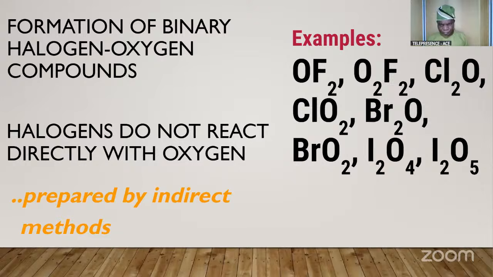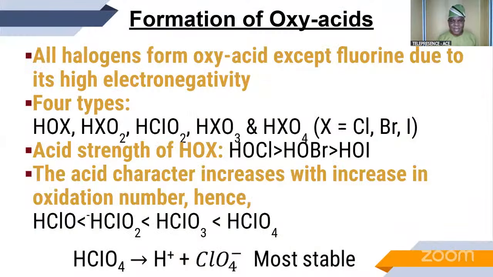Formation of oxyacids. All halogens form oxyacids except fluorine, due to its high electronegativity. What do you mean by oxyacid? Remember, you have hydrogen chloride.